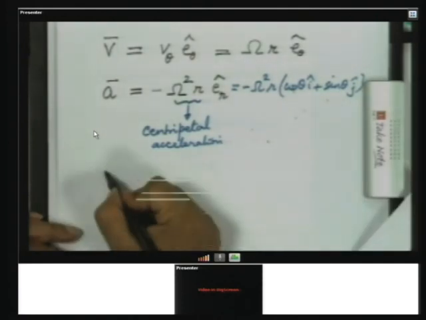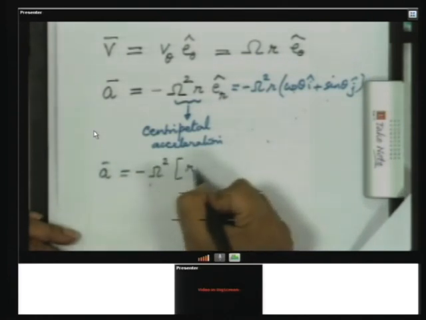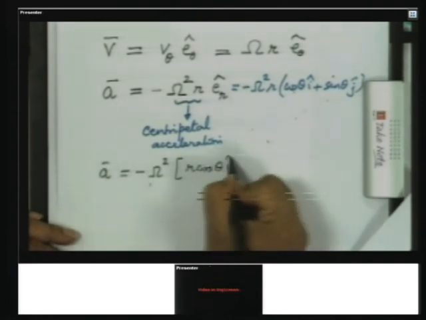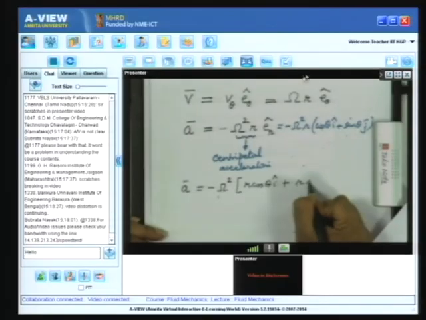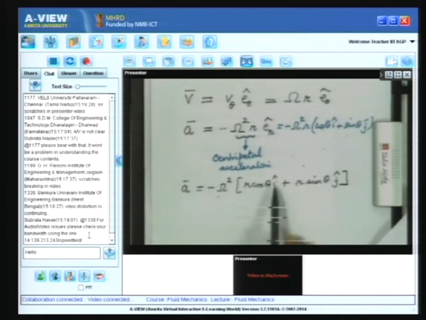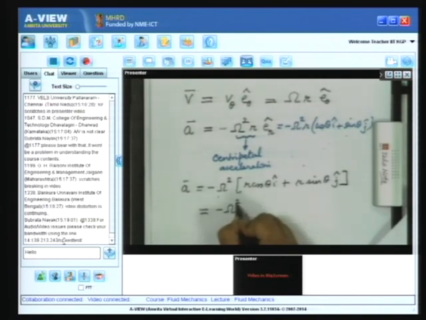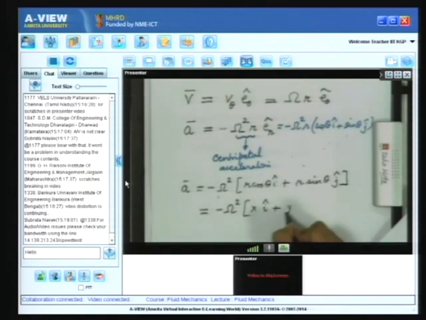So, you can write A as minus omega squared r cos theta i plus r sin theta j, but we have seen that r cos theta is x and r sin theta is y. So, you can write it as minus omega squared (x i plus y j).